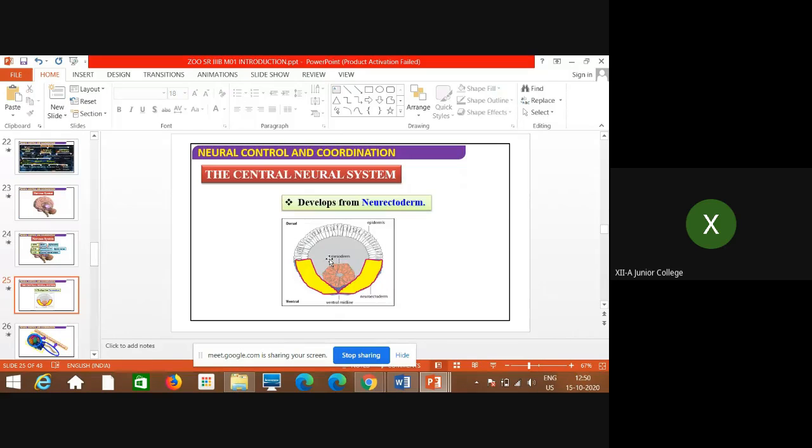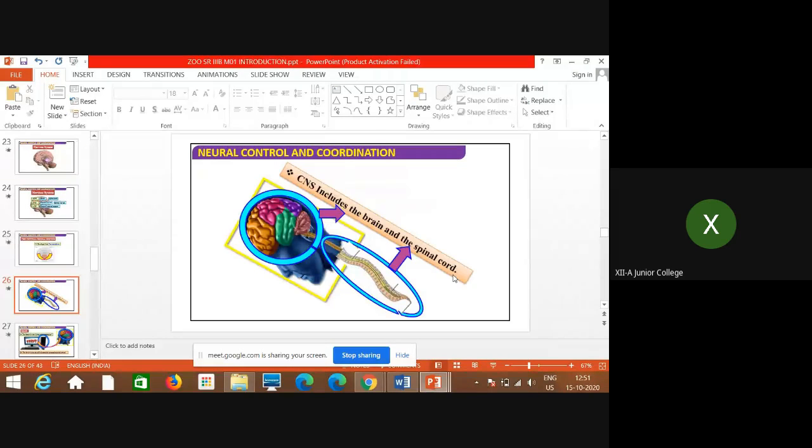This develops from the neuroectoderm, ecto meaning outer, the outer layer. This part is the brain and this part is the spinal cord. That is what the CNS includes, brain and spinal cord.